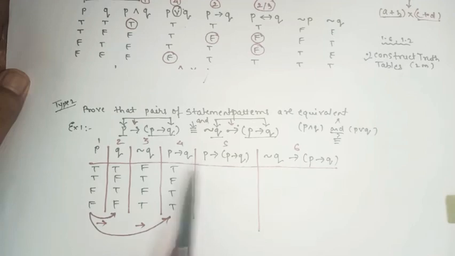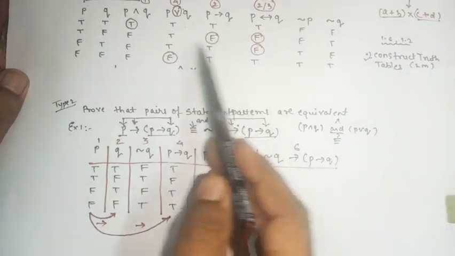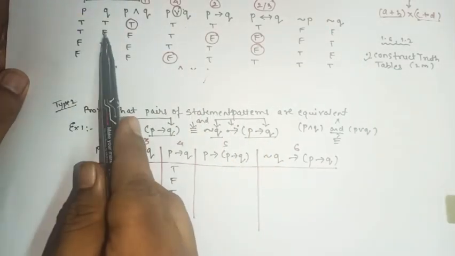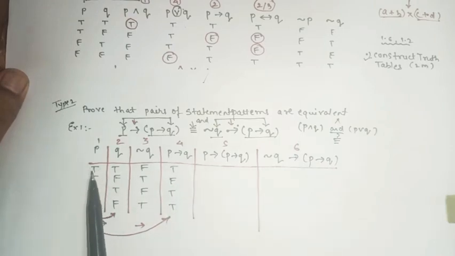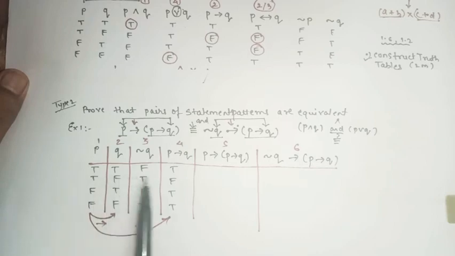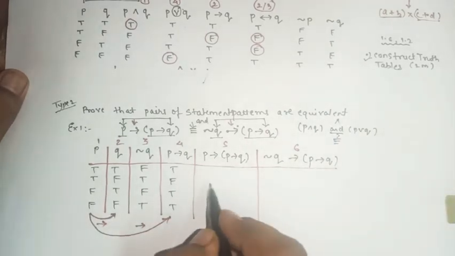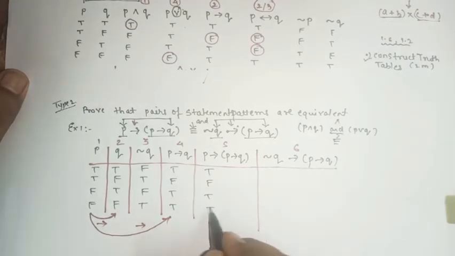So first comes P, and then second one is P implies Q. The connection is implies. So we know that in implies what happened? True implies false is false, and the rest will be true. So only focus on true, false. True, false, true, false, true, false. So true, false is false, and the rest will be true.